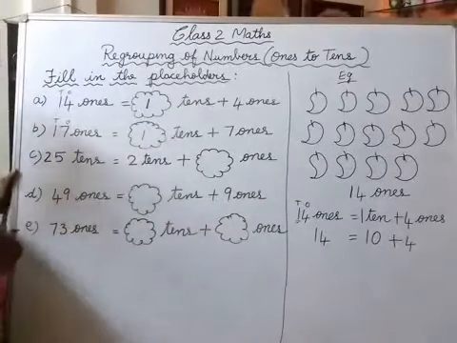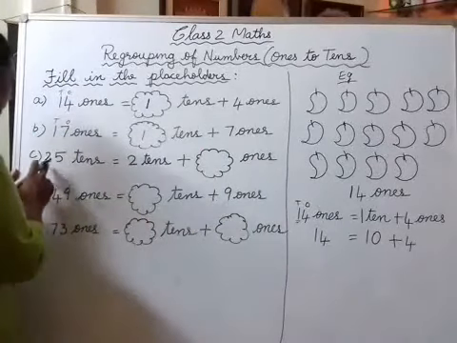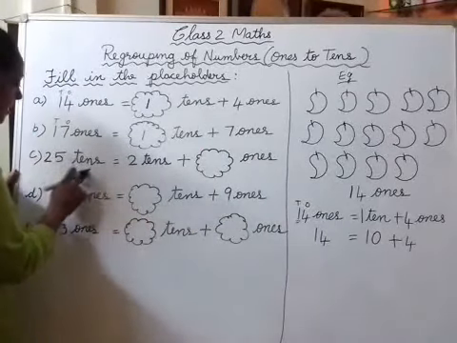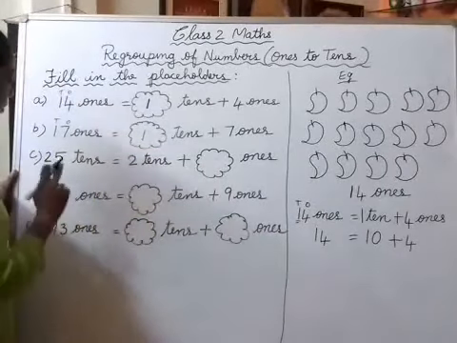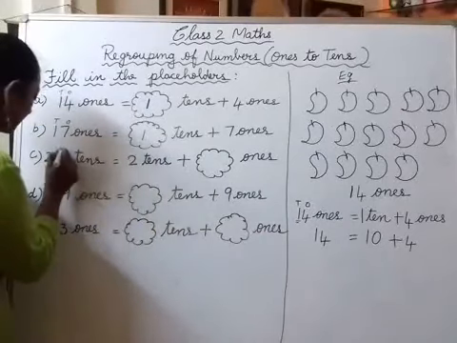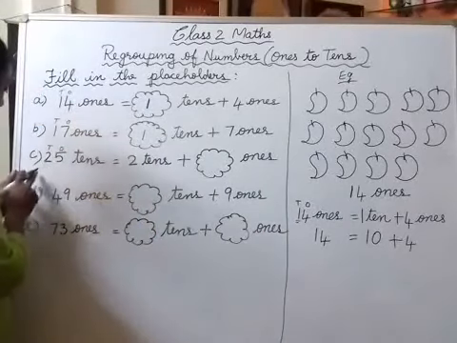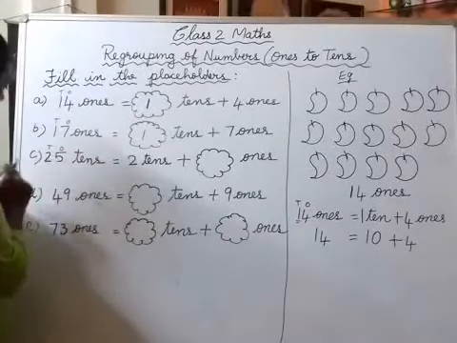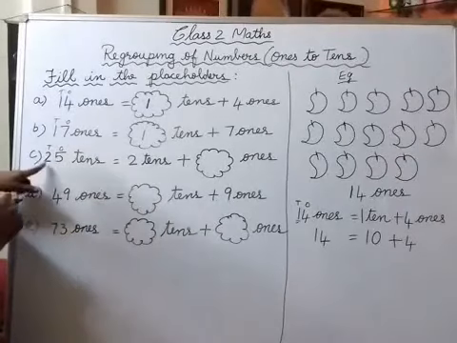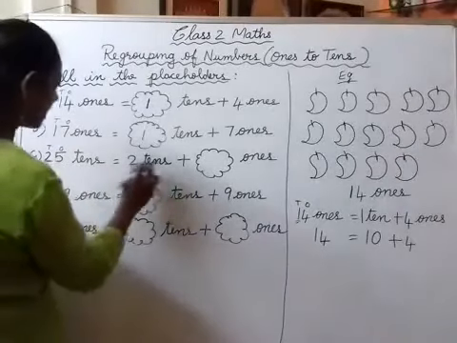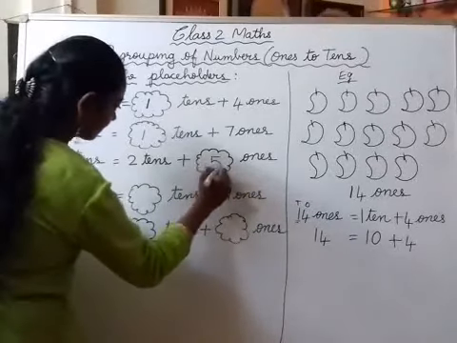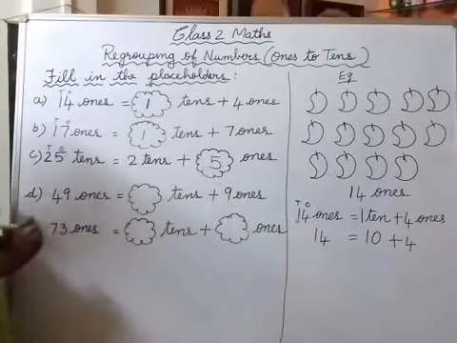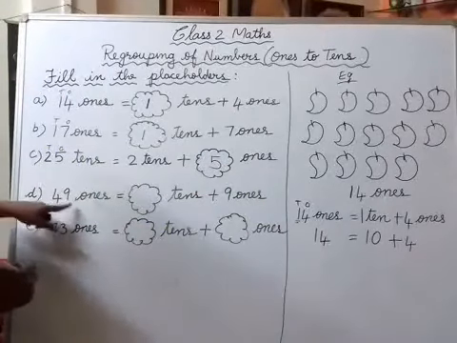Okay, next, 25 tens. 25 tens is equal to 2 tens plus dash ones. So how many ones will be there? We have to write as 25. So 2 tens and how many ones will be there? Yes, 5. 5 ones.